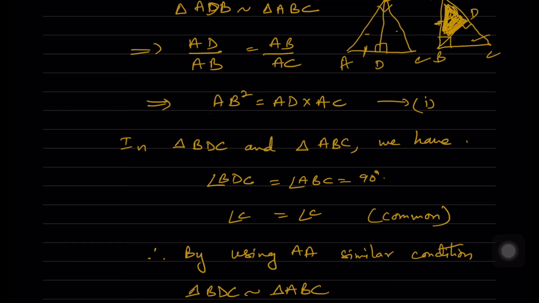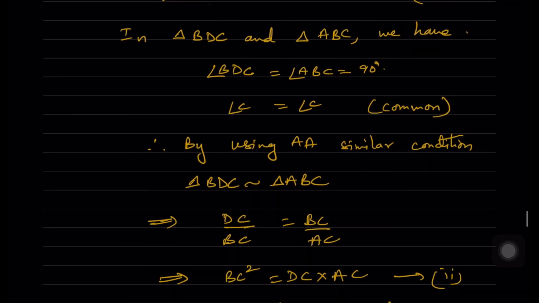Since BDC is similar to triangle ABC, again you can take it in that way, like we took AD by AB and then AB by AC. Here also we take it in the same way: DC by BC is equal to BC by AC. If you cross multiply, you get BC square is equal to DC into AC.